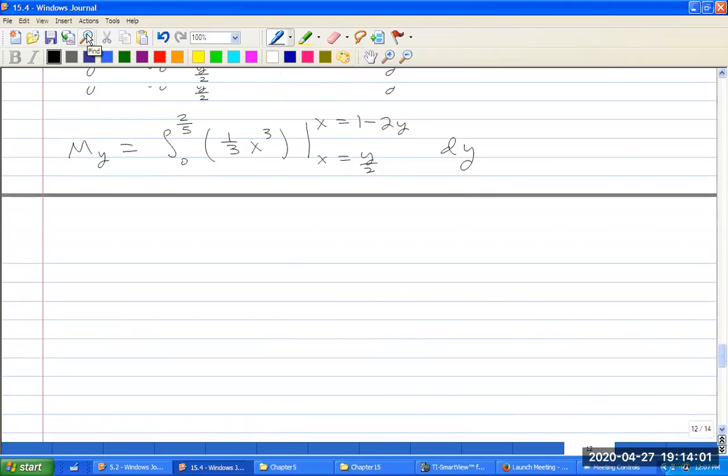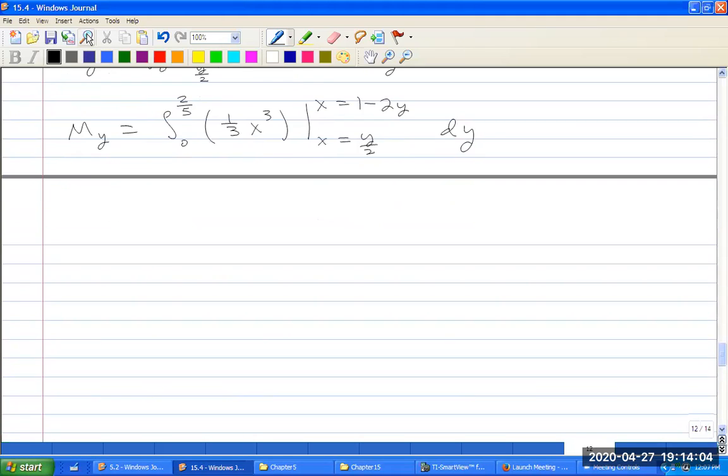And so this is equal to the integral 0 to 2/5 of 1/3 (1 minus 2y) cubed minus 1/3 (y over 2) cubed dy.